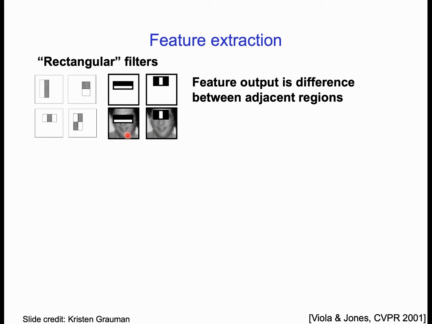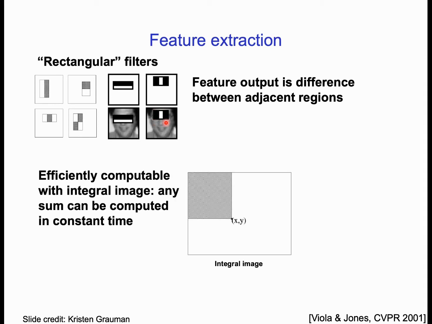In this case, for example, this feature looks at the intensity difference between the area indicated by the white block here and the black block here. This one looks at the difference between the white block and the two black blocks, and so on. Now, these are obviously very simple features, and computing them can be done extremely fast using what's called an integral image.